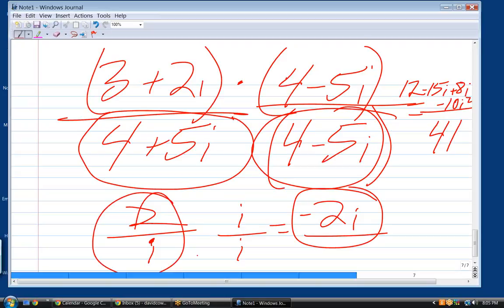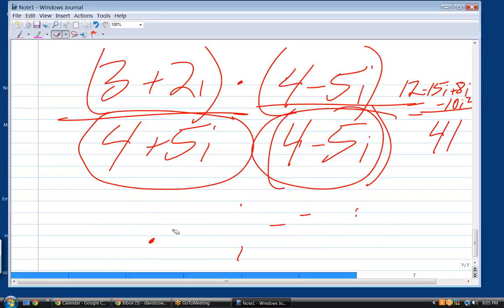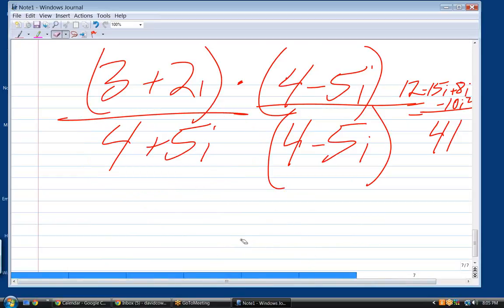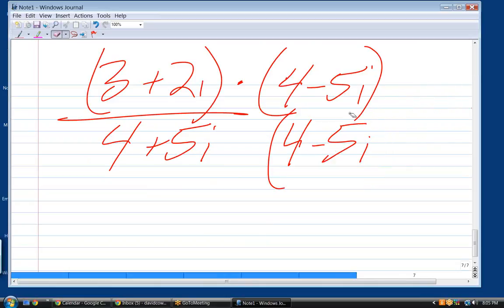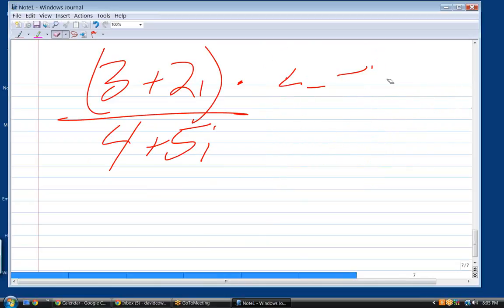And in this case, I didn't multiply by the conjugate, but typically, if you have a full complex number like 4 plus 5i, you know what I mean by the conjugate, right? Yeah. Okay. The only imaginary number operation that's hard is division, because you have to do that process. Multiplication is easy, addition is easy, subtraction is easy.